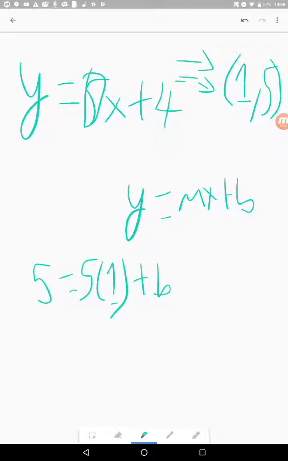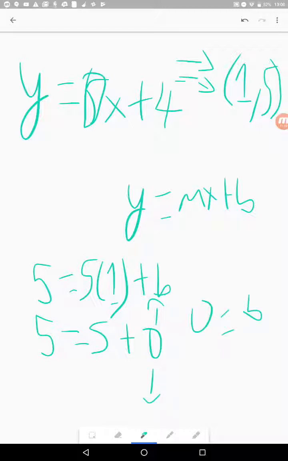So in this case, we have no y-intercept because 5 equals 5 plus 0. So you already know that your 0 equals b. So that means the equation parallel to 5x plus 4 equals y through the point of 1, 5 is going to be y equals 5x.